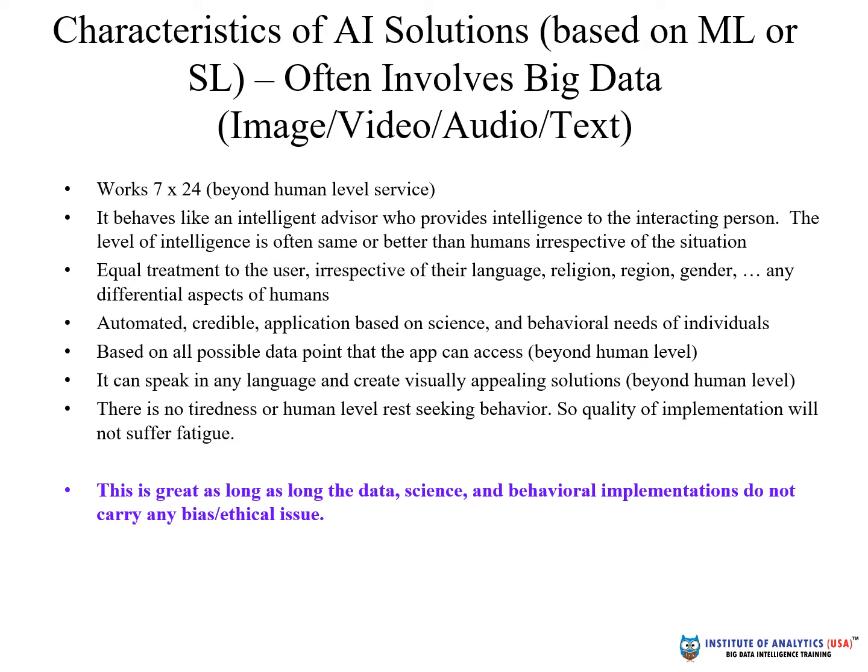It works 24/7 beyond human level service. It behaves like an intelligent advisor that provides intelligence to the interacting person. The level of intelligence is often the same or better than humans irrespective of the situation.